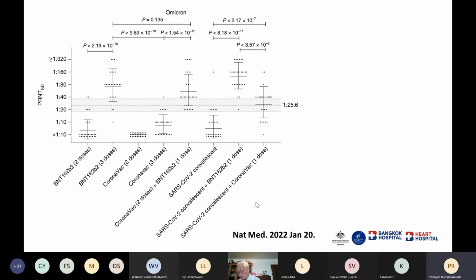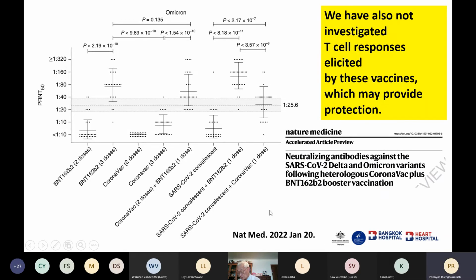This is about the same. But sometimes we test one antibody, but we don't test another side of the immune response. So we have B cell and T cell. In this paper, they show you only the antibody side, but they do not show you the T cell side.